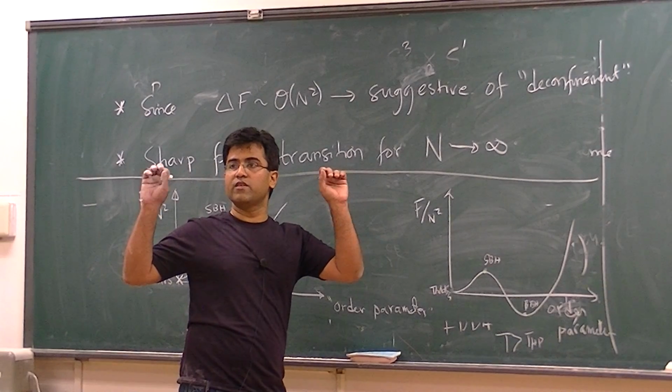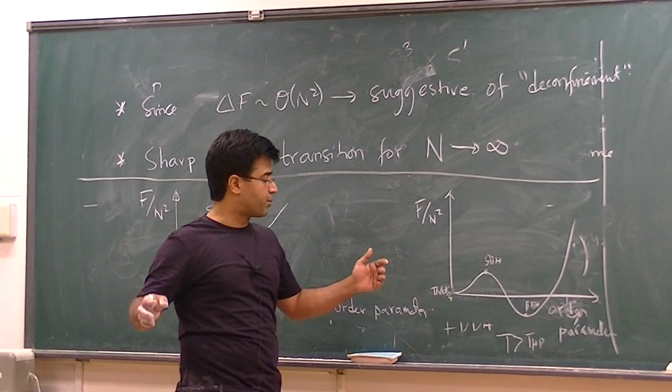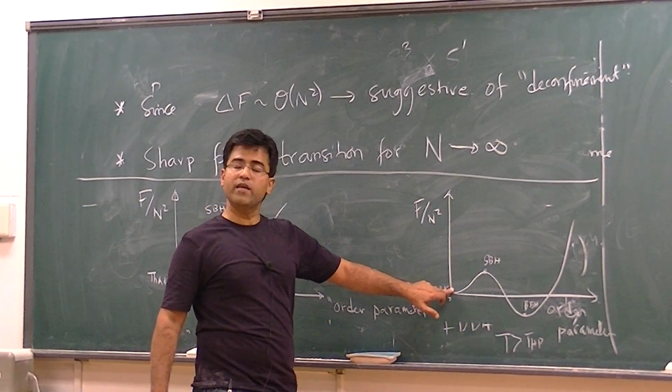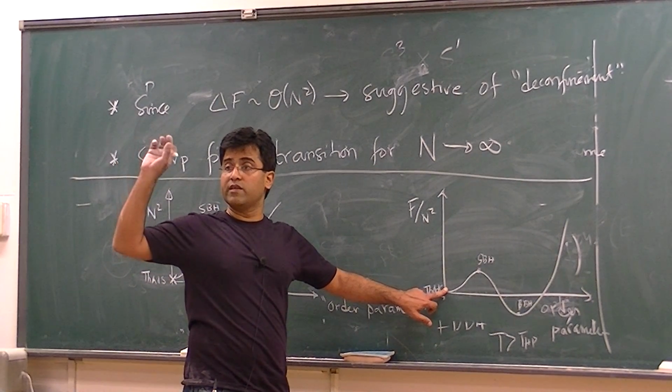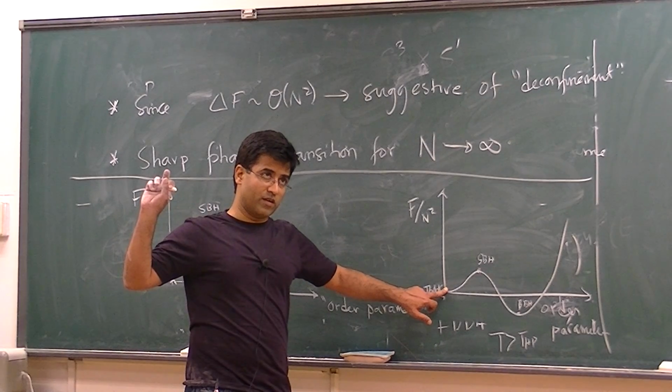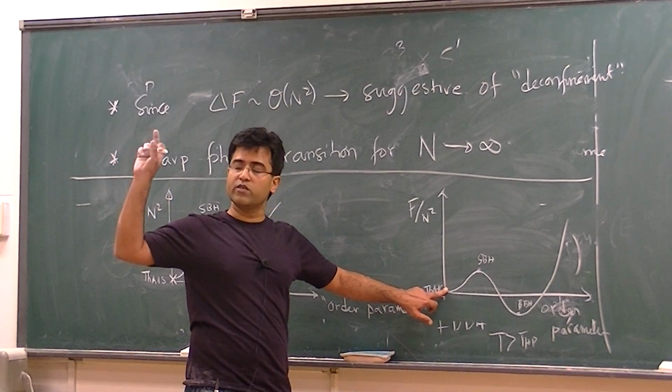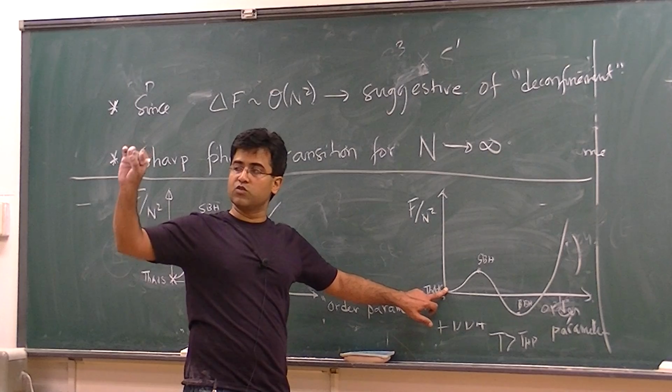Because the string scale is a small scale set by L string or alpha prime, and there must be something interesting happening when the temperature goes to infinity, which is beta going to 0, so that means the thermal circle shrinks to 0 size.